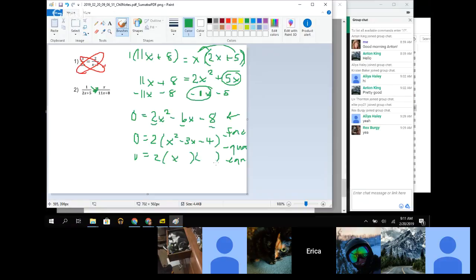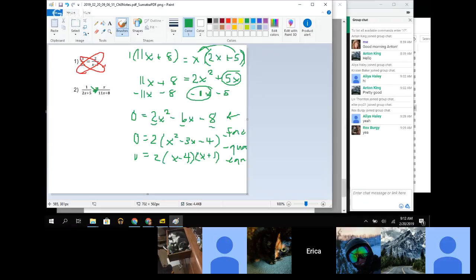So I'm trying to factor this, right? I need a negative 4 and a positive 1 that give me a negative 3. Oops, I forgot my x. Then I will be able to factor my quadratic, right? Sorry, this is crazy. I can't even read my own writing in here. This should say x plus 1.